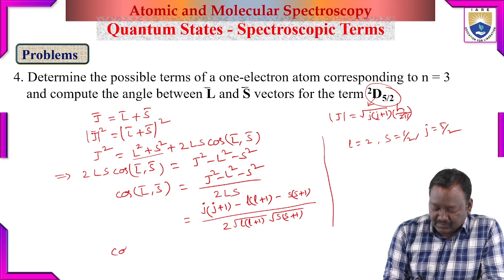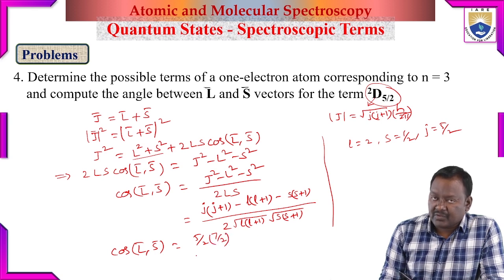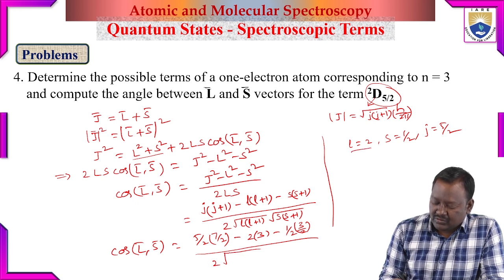So cos of (L, S) equals J into J plus 1, so 5 by 2 into 5 by 2 plus 1 means 7 by 2, minus L into L plus 1 means 2 into 3, minus S into S plus 1 means 1 by 2 into 3 by 2, divided by 2 into square root of 2 into 3 and square root of 1 by 2 into 3 by 2.